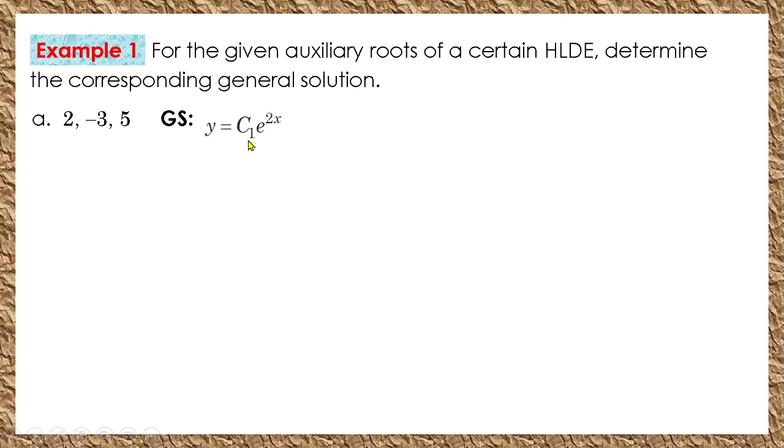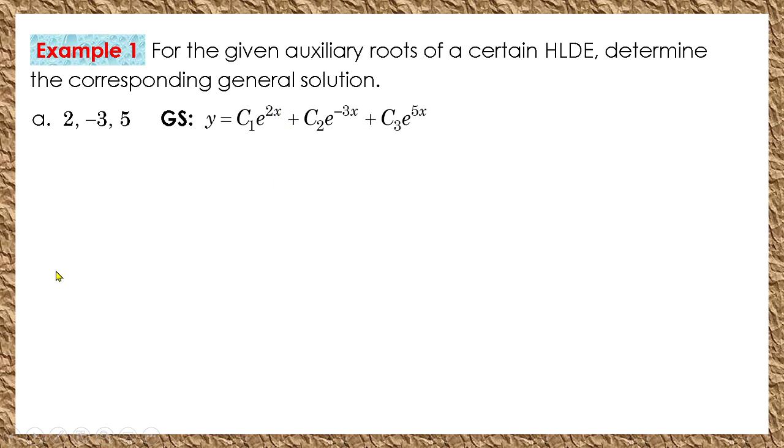So y equals c sub 1 e to the 2x plus c sub 2 e to the negative 3x plus c sub 3 e to the 5x. All you have to do is put these numbers in the exponent of e, and each is multiplied by x.